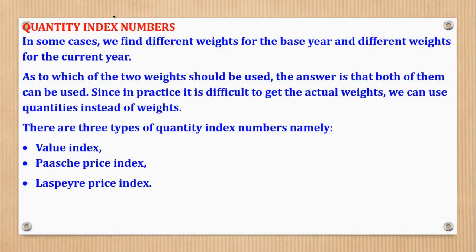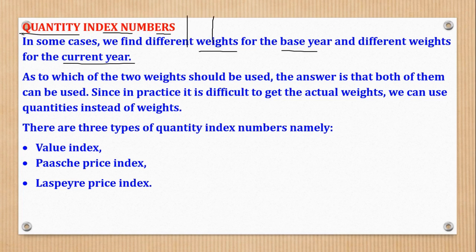So now we shall go to what we call quantity index numbers. In some cases we find different weights for the base year and different weights for the current year. In unweighted index numbers, the same weights were working for both the base year and the current year. But the question is, what if the weights are different?